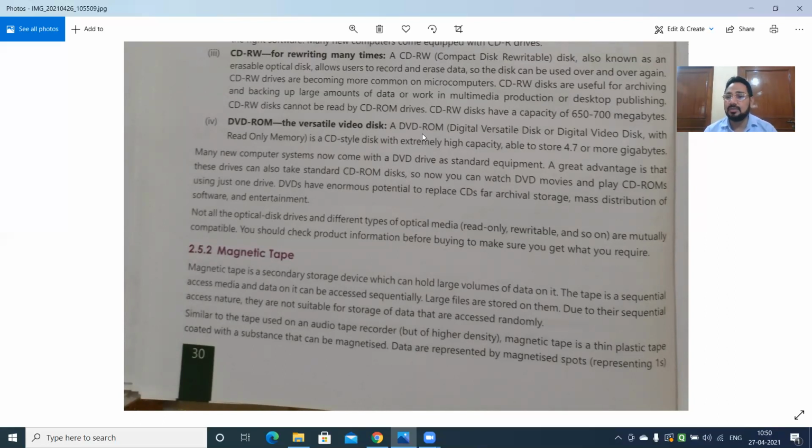So it's random but not exact. That's why I'm using pseudo random access device. In magnetic tape, the tape runs in a sequence, so it's a sequential access device.